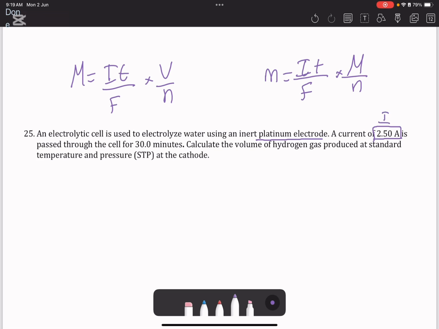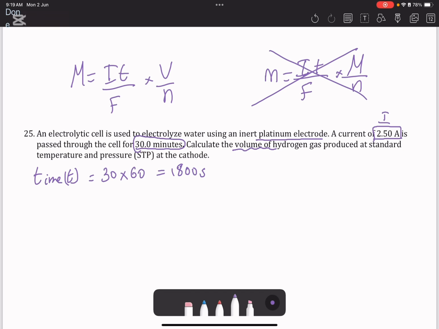So now I have the current, that's I, passed through a cell for 30 minutes, that's the time. The time t must always be in seconds. So how do I go from minutes to seconds? I multiply by 60. So that's in seconds.